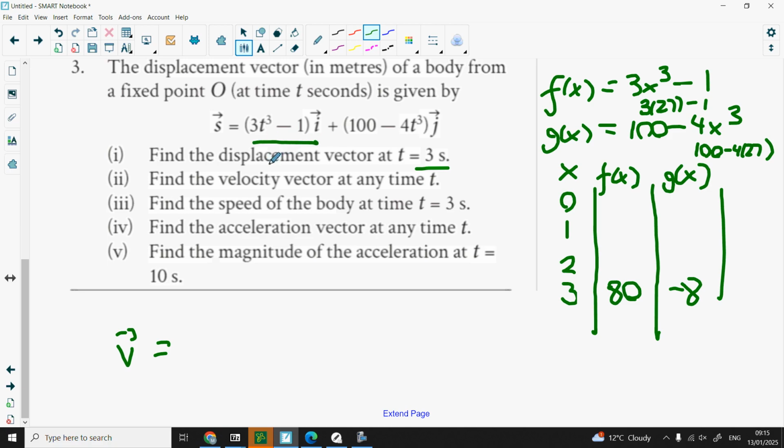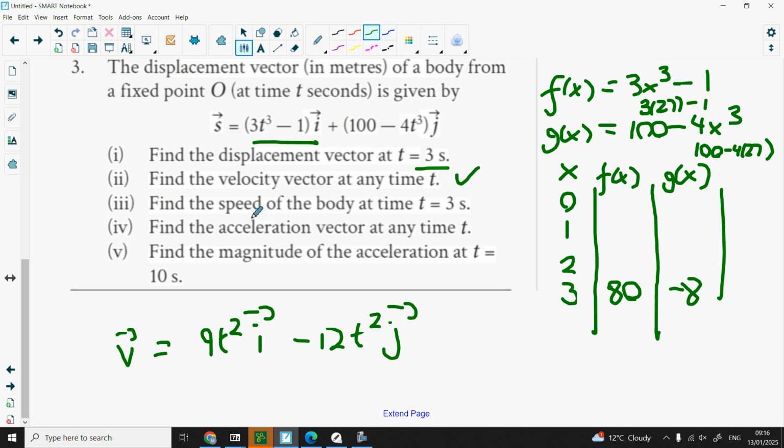What do we get? Just 9t squared, yeah. That's my i component. And then differentiate the j component. There you go. Done.